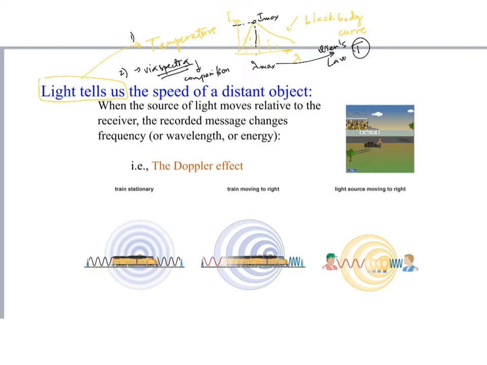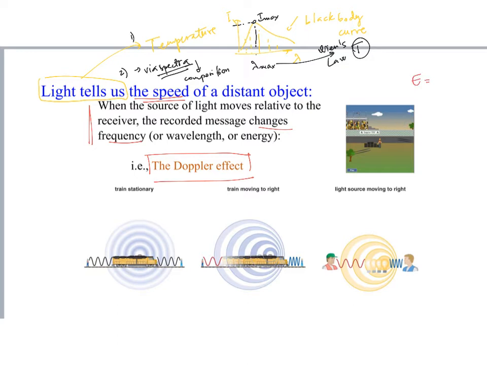Right now, we are going to talk about the Doppler effect, which will tell us the speed of a distant object. We're basically going to figure out whether an object that emits light is moving away from us or towards us. Here's what happens. When the source of light, so the thing that produces light, is moving relative to the receiver, that would be us, the recorded message, or what we measure about light, changes frequency or wavelength or its energy, right?